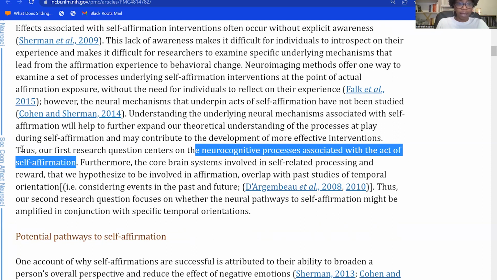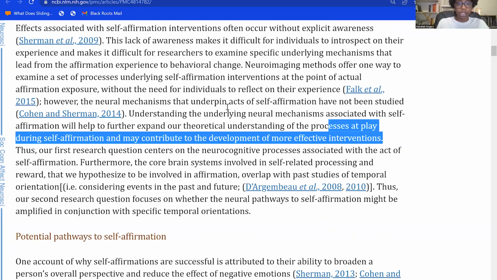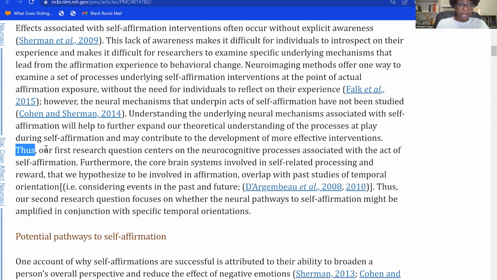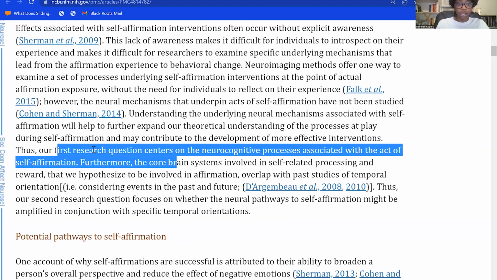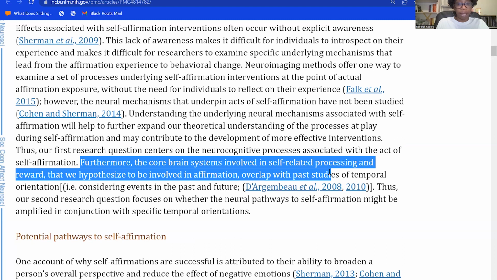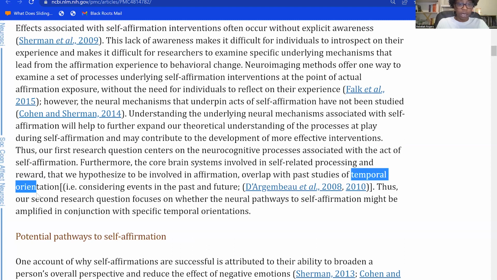And that comes from this whole thus situation, where the previous statement was giving background for them to say thus and present the first research question. So I can anticipate the same thing is going on in the next sentences. So now, furthermore, brain systems we hypothesize overlap with past studies of temporal orientation, i.e. considering events in the past and future.